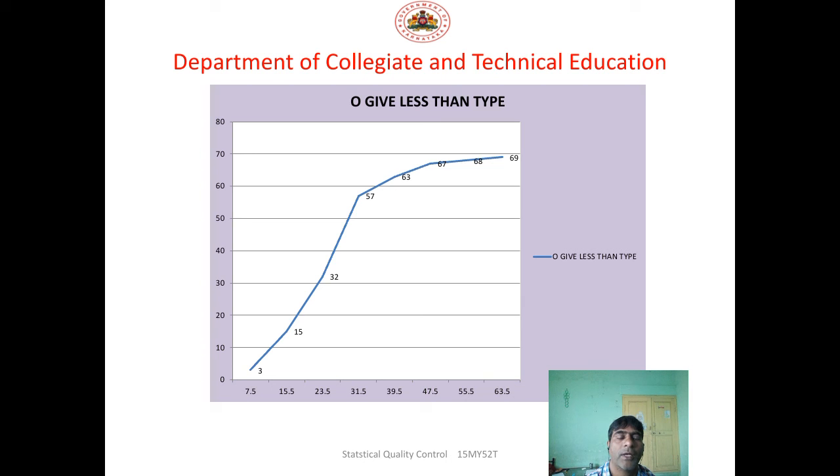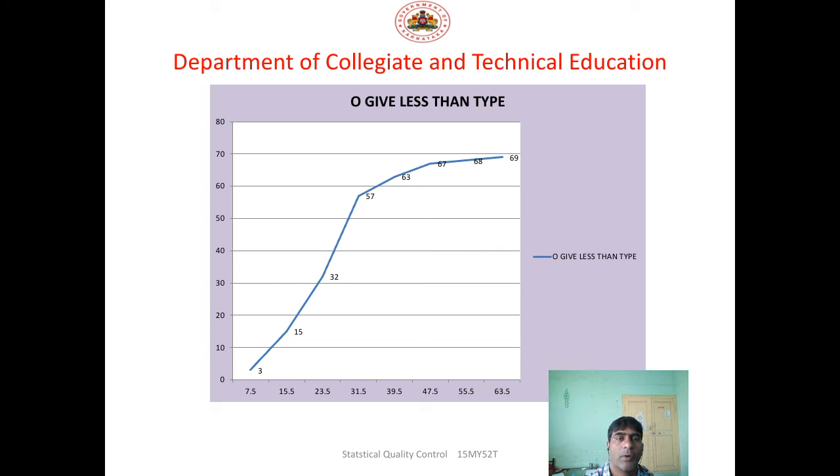Mark the point and you get a curve which is increasing from the origin and it reaches the maximum value at the end of the class interval. So this type of graph we call Ogive curve less than type.